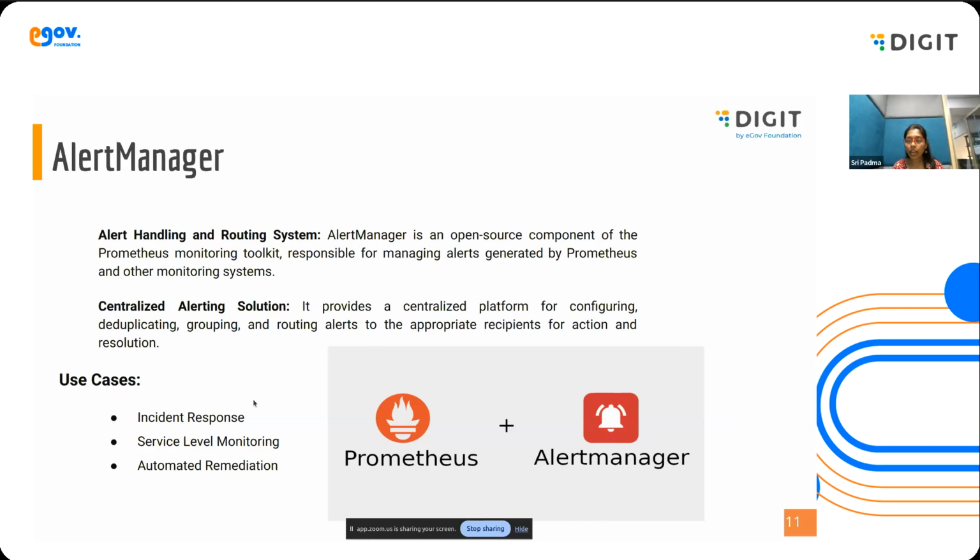We can automate these alerts: whenever the alert is raised, this precaution should be taken and this script should be run, so that whatever pod is in CrashLoopBackOff state will again become the running state.